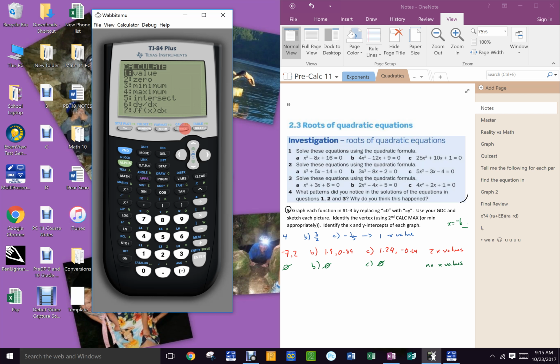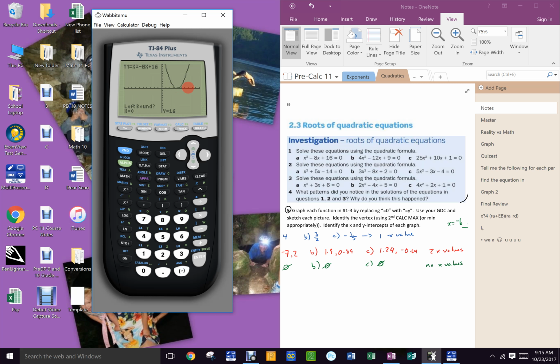Now look at all the things your calculator will do for you. It will find values. A zero is the root. It will find minimums, maximums, intersects, and this is calculus. You don't need to worry about 6 and 7. We are only going to use 1, 2, 3, 4, and 5. Okay? What do we want? A minimum. So what button will we push? 3.